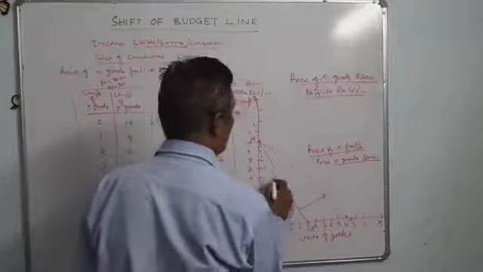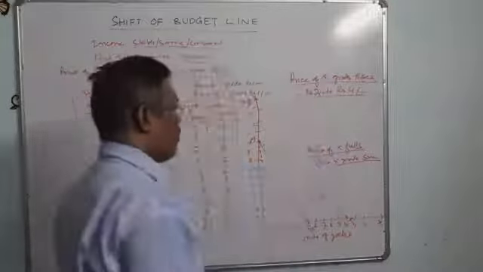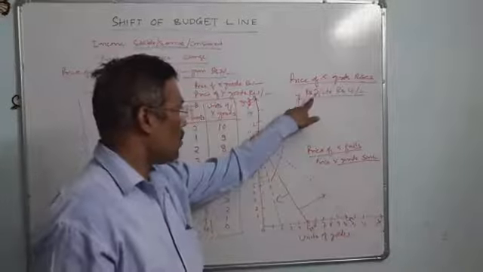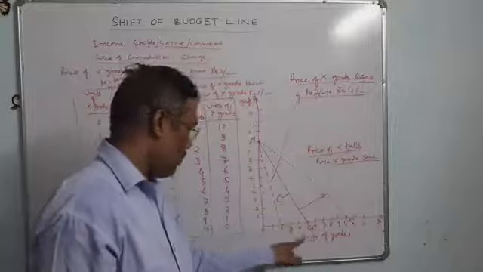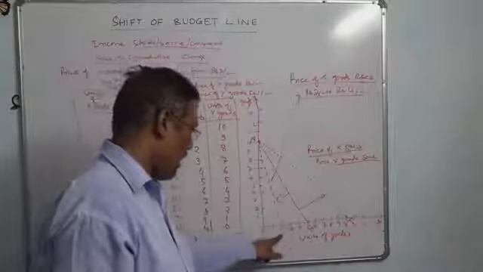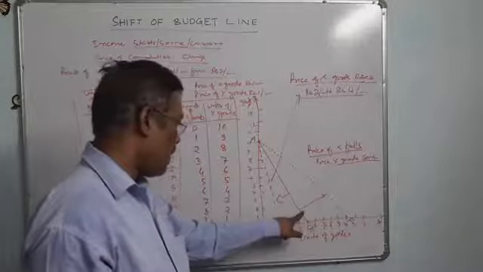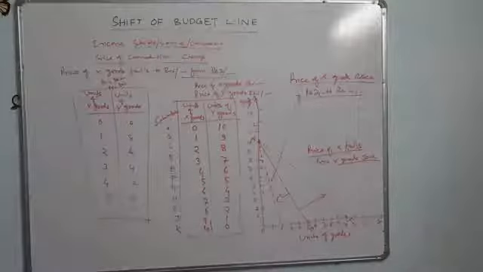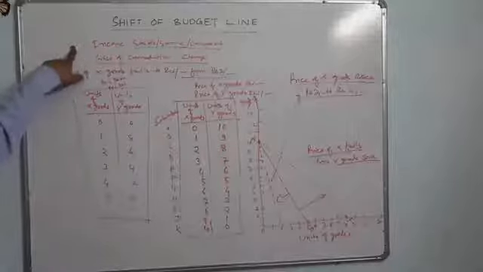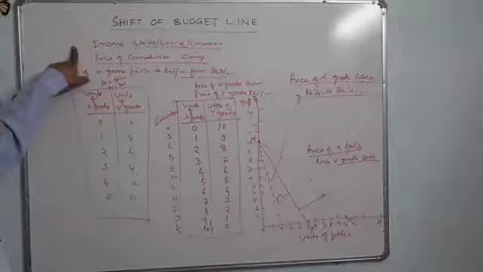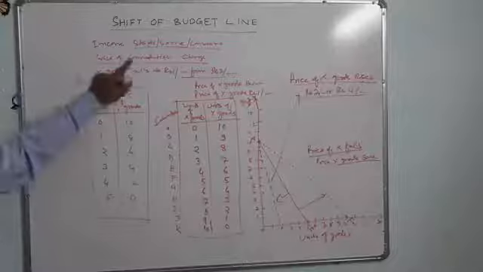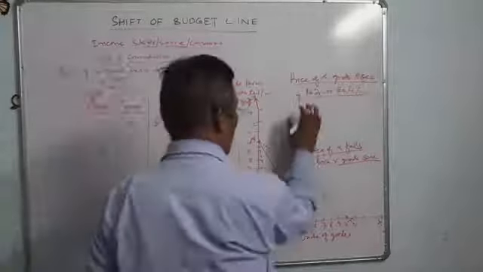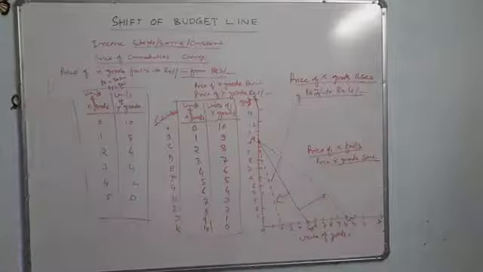When the price of X goods rises, the demand or consumption will be less, and the budget line will shift towards the left. This is called the shift of the budget line when income is constant and the price of X goods changes. One is the price of the good falls, another is the price of X rises.